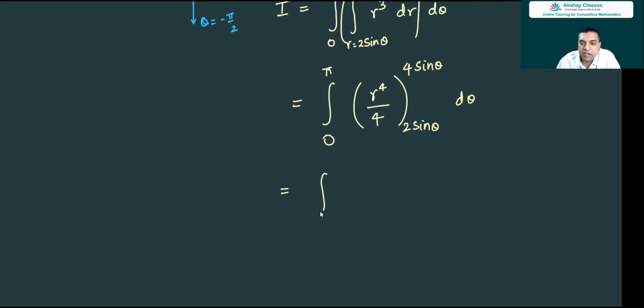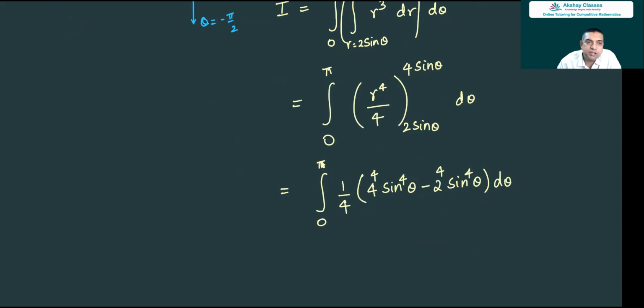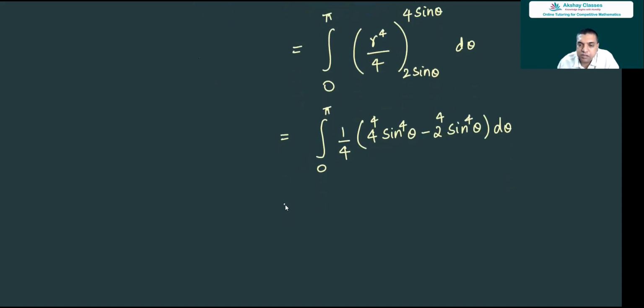So we get integral 0 to pi, 1 upon 4 into 4 power 4 sine power 4 theta minus 2 power 4 sine power 4 theta d theta. So this is 1 by 4 into 4 power 4 minus 2 power 4.